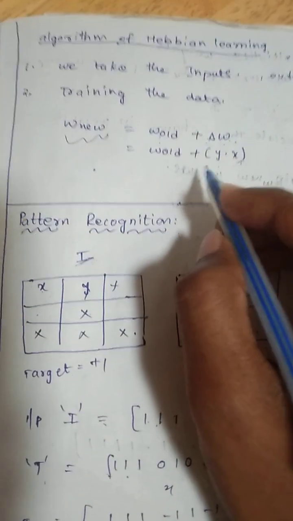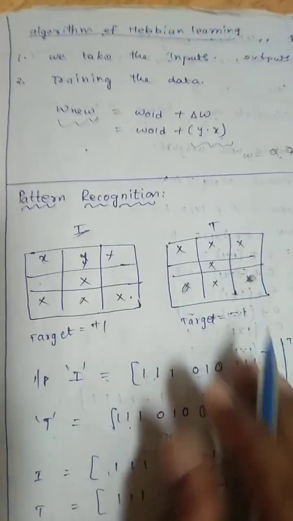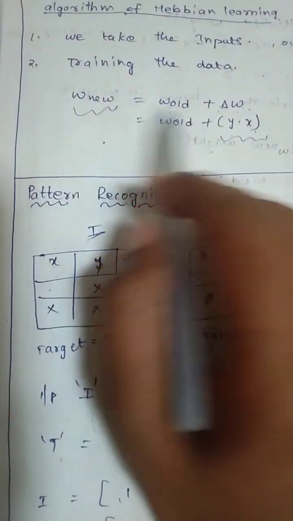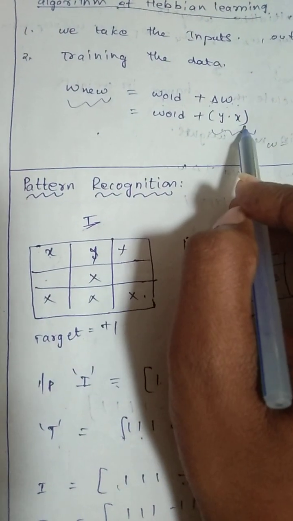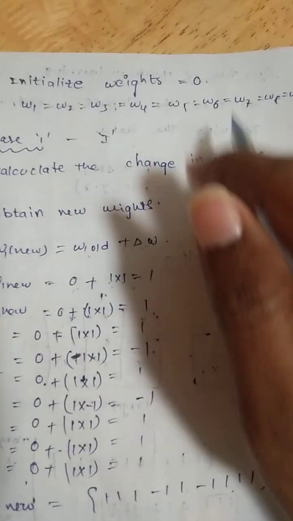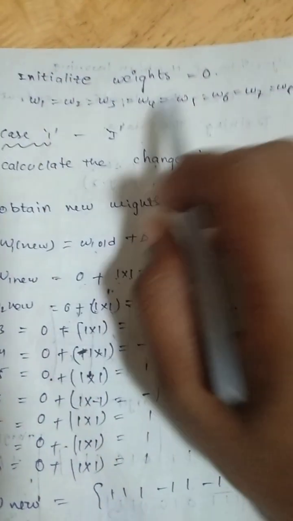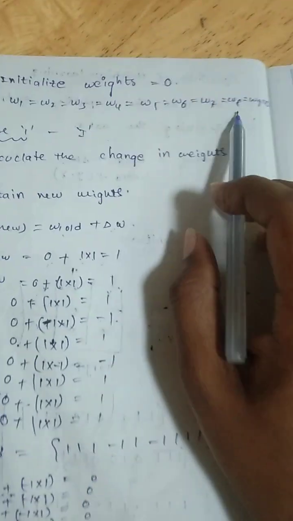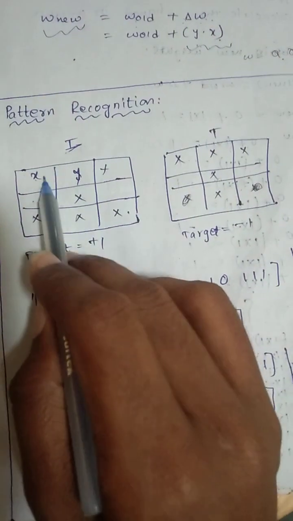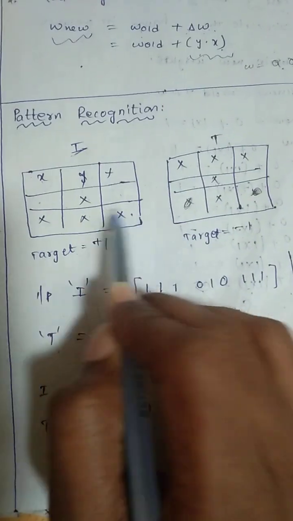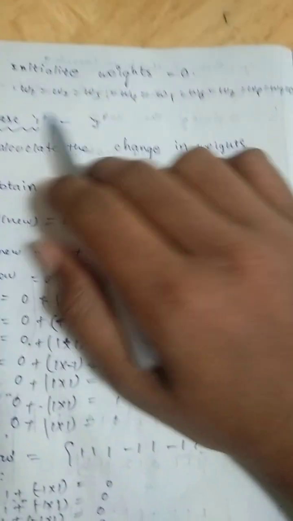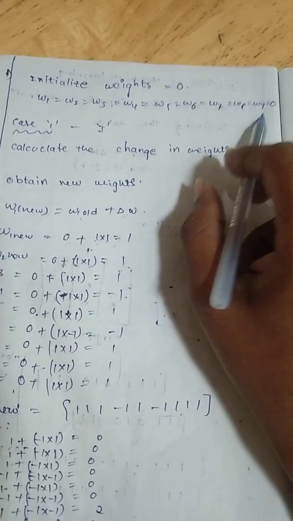The old value is not mentioned in the question, so we consider the initial weights as 0: w1, w2, w3. I considered up to 9 because 9 components are mentioned in the question, so 9 weights up to w9 equal to 0.